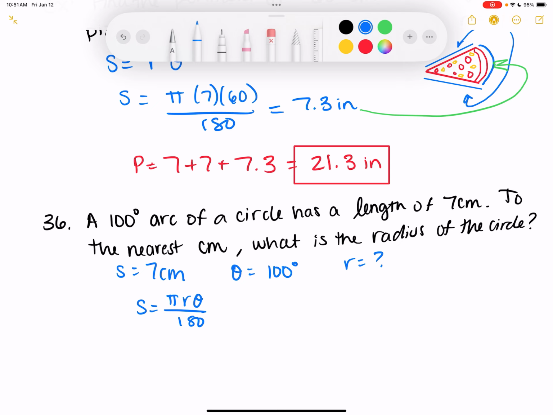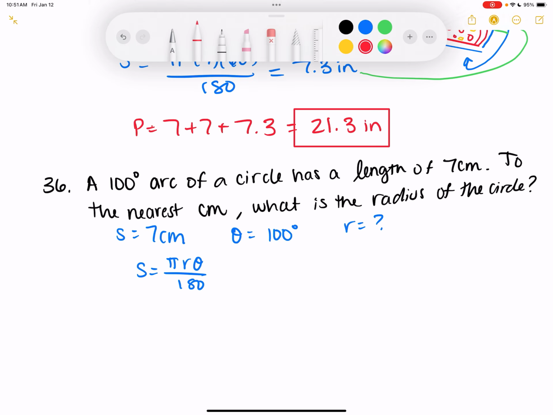So I'm going to multiply by 180 and then divide by pi and divide by theta. So r is equal to 180 times s divided by pi times theta. If you wanted to just plug numbers in instead of solving for r first, that's totally fine. So 180 times 7 divided by pi times 100.